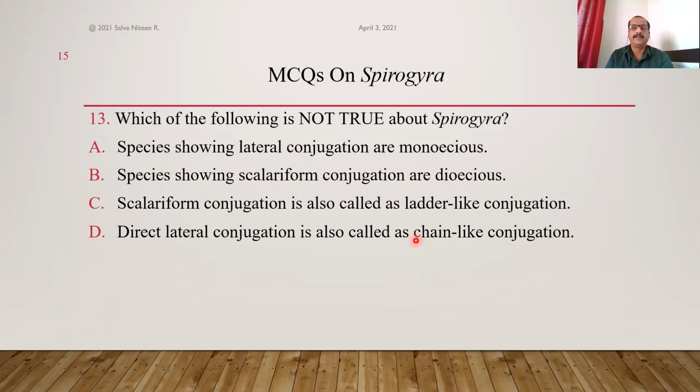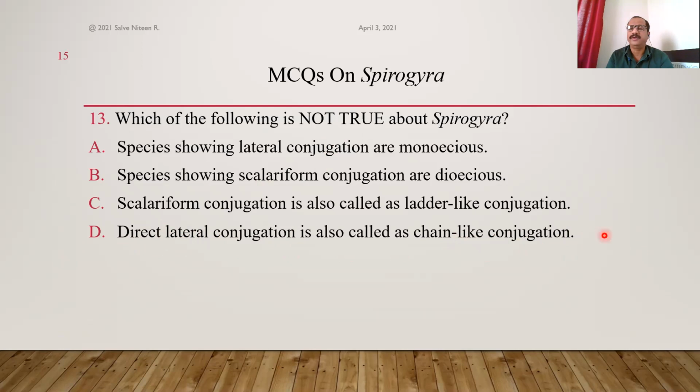This is not true because we have studied that indirect lateral conjugation is called chain-like conjugation, because in this method of sexual reproduction there is formation of zygospores alternately. One cell remains empty and the other cell consists of a zygospore at the end of this type of conjugation. So here there should have been indirect lateral conjugation. Indirect lateral conjugation is also called chain-like conjugation. But here direct lateral conjugation is given. So which is not true?